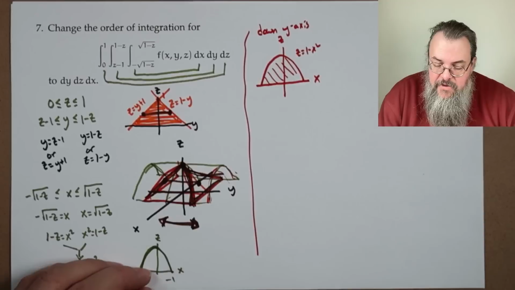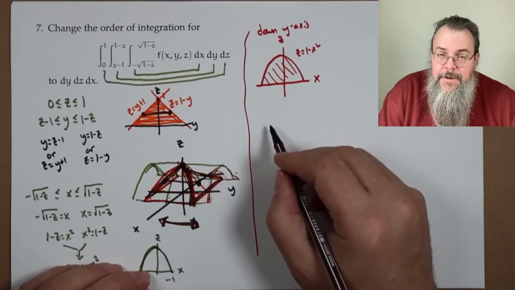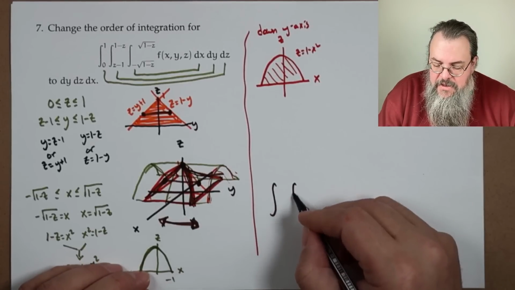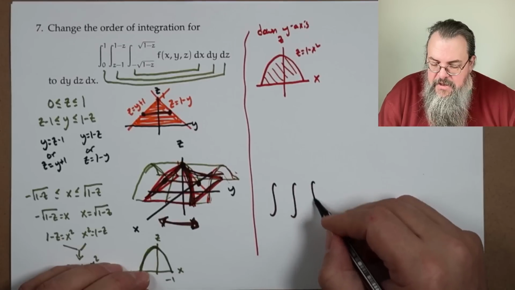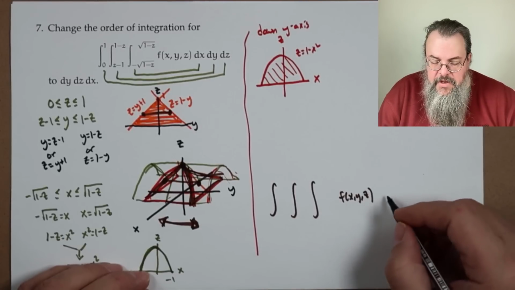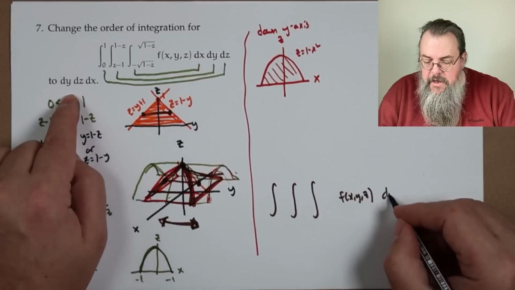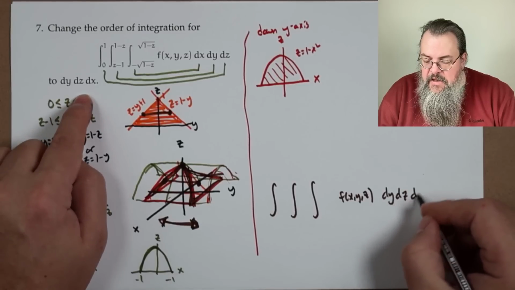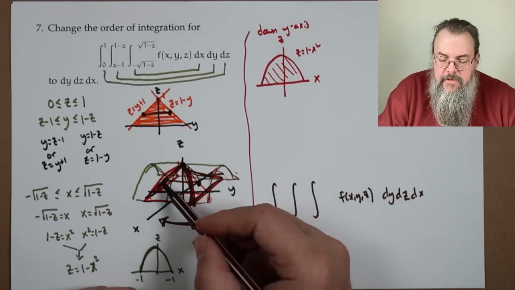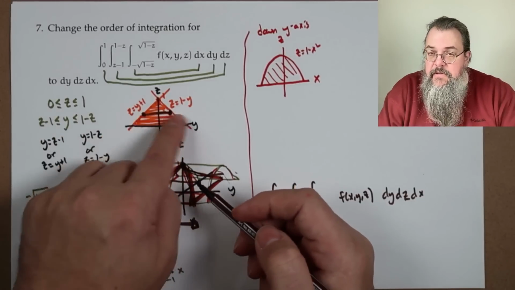All right, so for our integral, we have integral, integral, integral, f of x, y, z. Our order is dy, dz, dx. So flat face to flat face. We're going from these faces here.